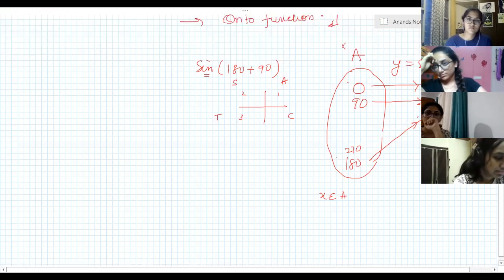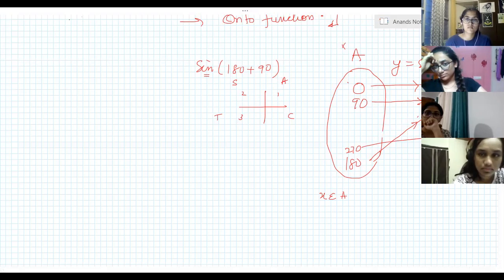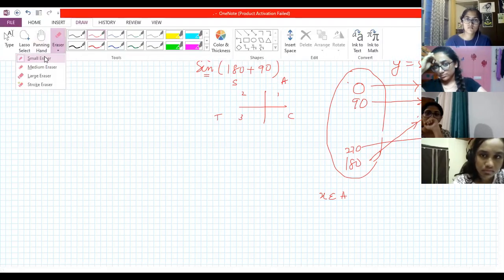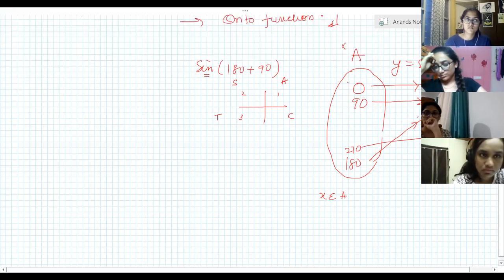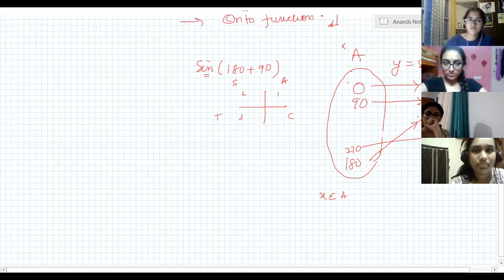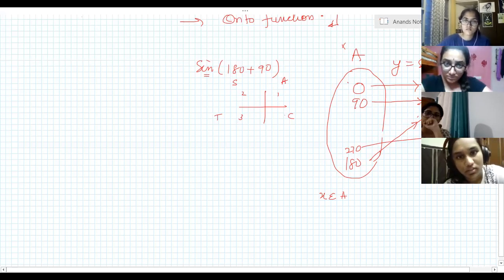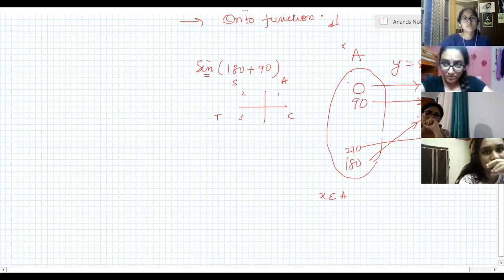So can you tell me any other value of the angle for which you're going to get -1? Any 2n pi plus 270? Or 2n pi minus 90.